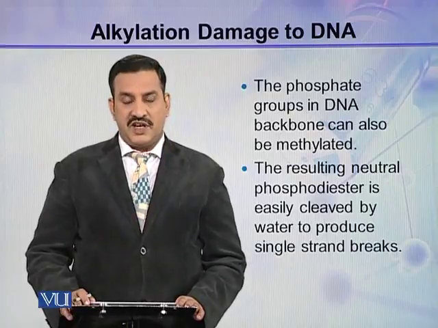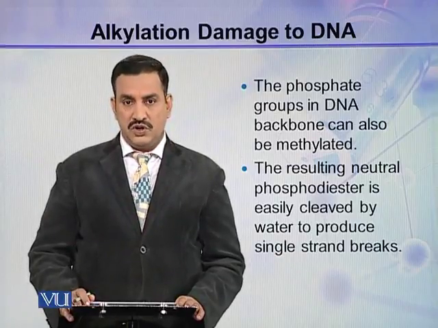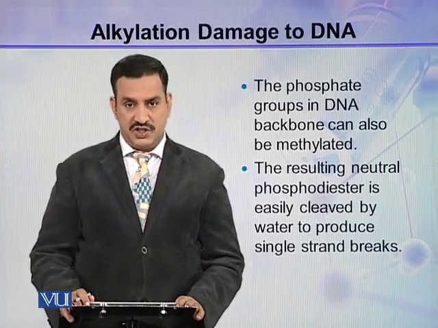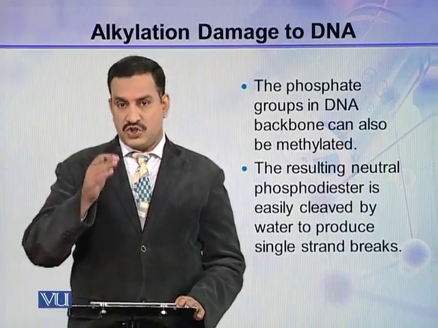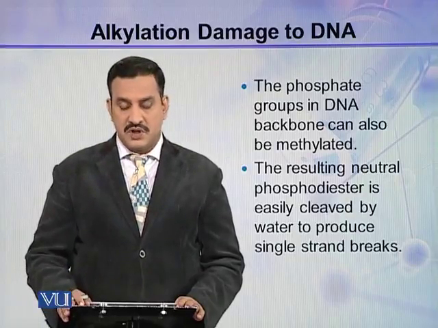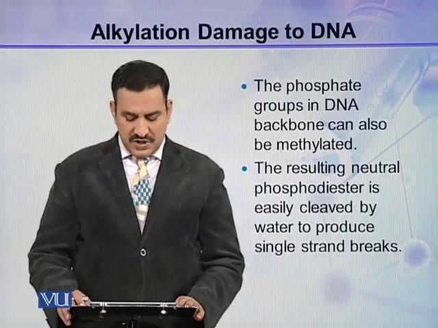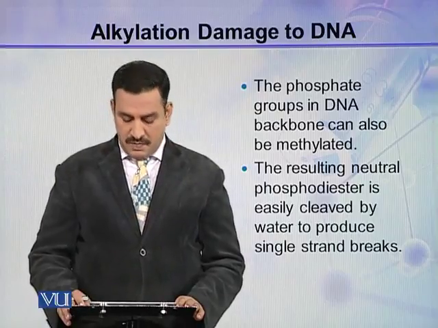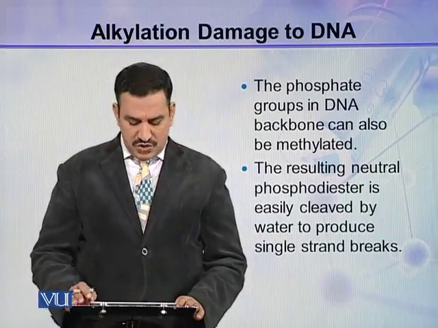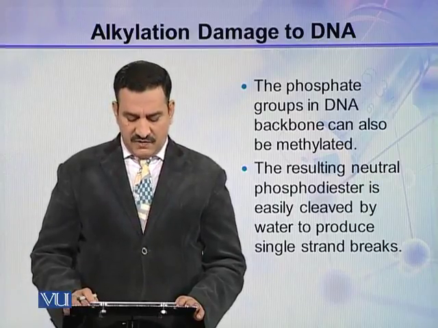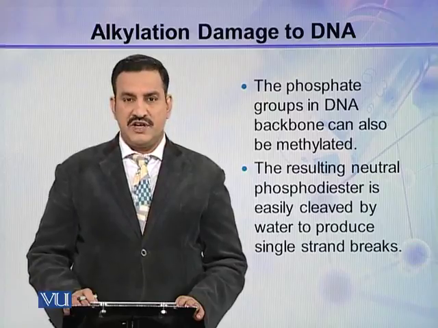The third site in the DNA molecule which can be attacked by the electrophilic agents is the phosphate groups. So the phosphate group in the DNA backbone can also be methylated. The resulting neutral phosphodiester is easily cleaved by water to produce single strand breaks.